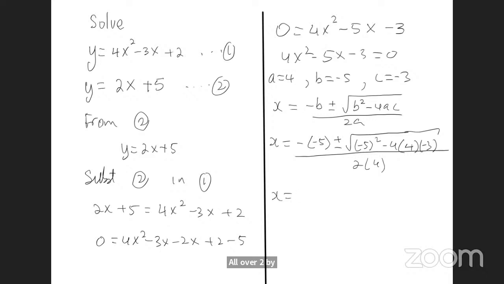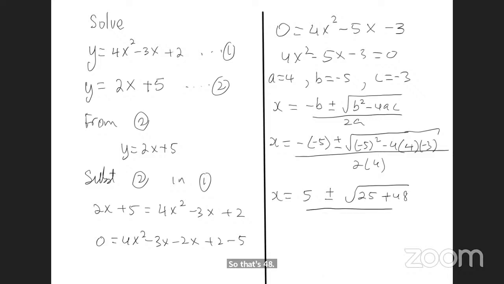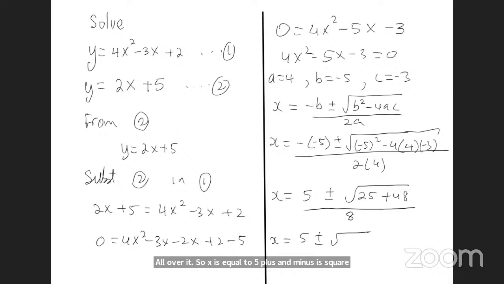So that X is equal to 5 plus and minus the square root of 25 plus, what's that, 12 by 4, so that's 48. All over 8. So X is equal to 5 plus and minus the square root of, how much you all got there, 73? All over 8.